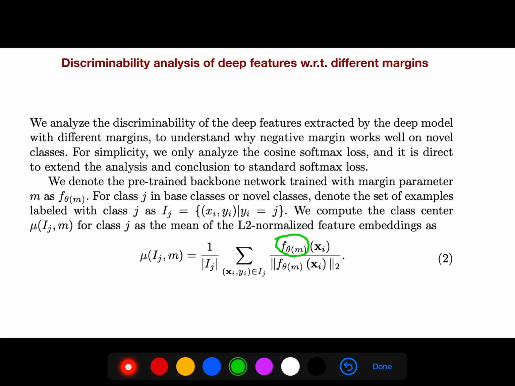For class j, in base classes or novel classes, we have the set of examples labeled with class j. So these are pairs, and we compute the class center just as the mean of them. It's like the usual ProtoNet, where we calculate the mean.